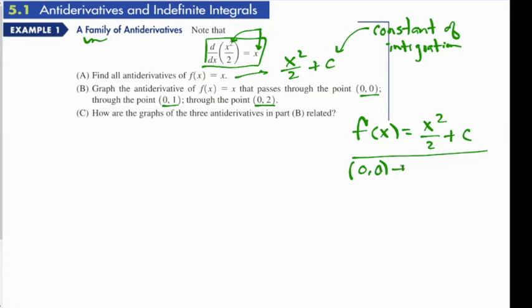This means that F of 0 is equal to 0. Now we can write that in our equation: 0 equals 0 squared over 2 plus c. This gives us c equal to 0. And now we have a particular F of x that is equal to x squared over 2.